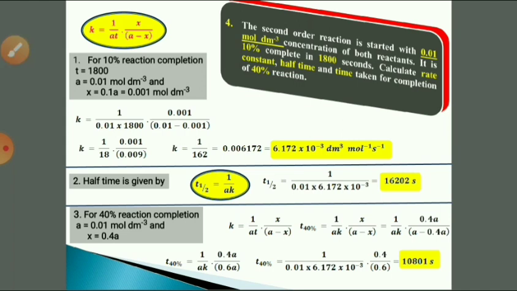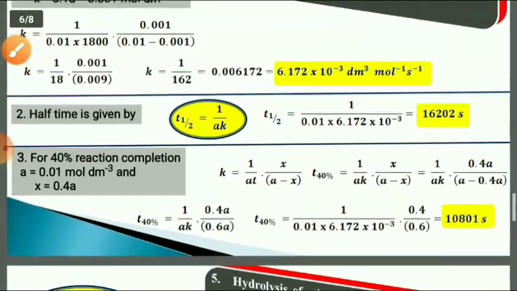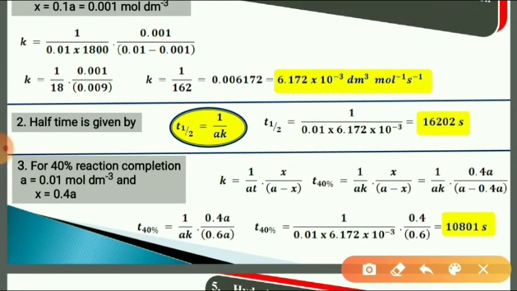After substituting the values of a and k and calculating all these factors, we get the value of t 40%, that is the time for the 40% completion of the reaction, 10,801 seconds.